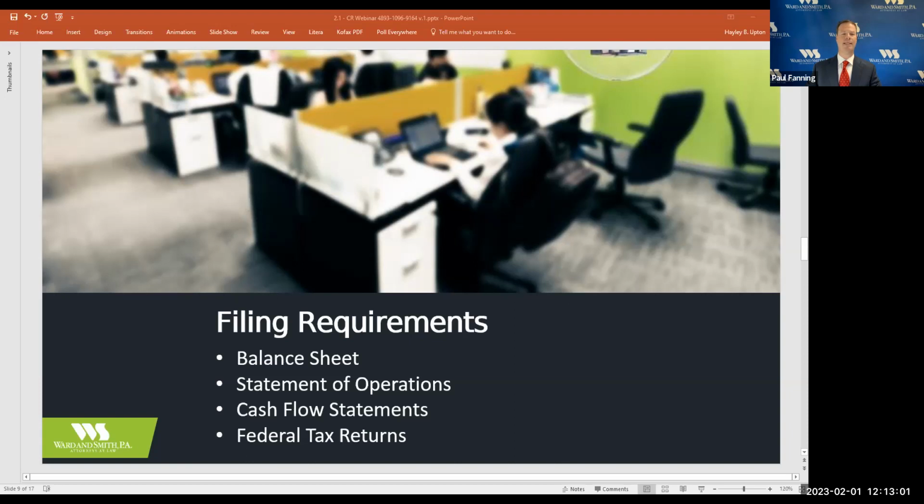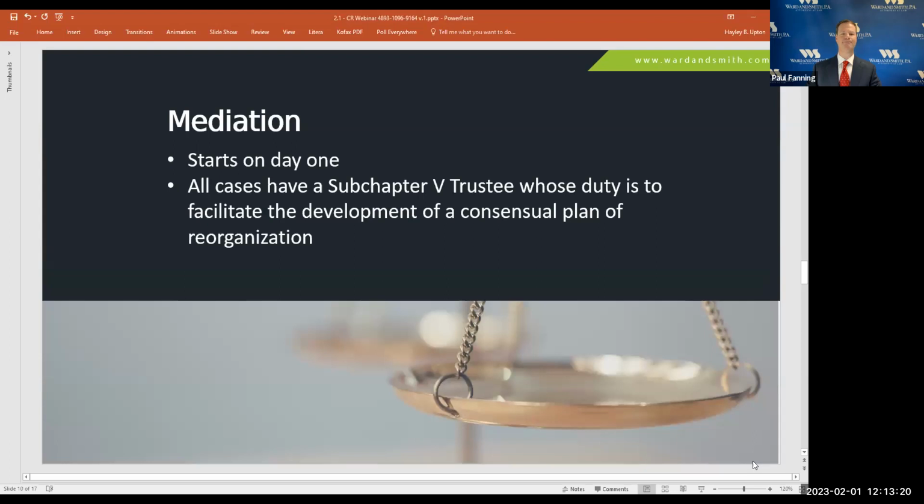Noting that we're dealing with a new subchapter of Chapter 11 that's conceived to be consensual. Lance, why don't you talk about how this process is supposed to work and a little bit about the role of a Subchapter V trustee?